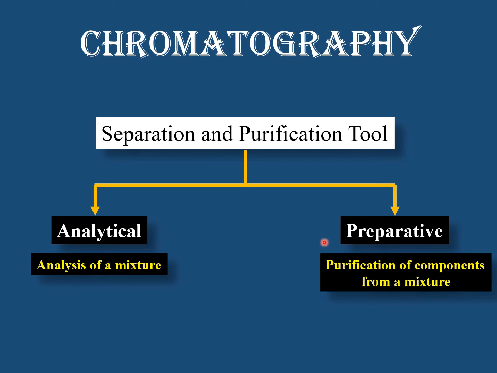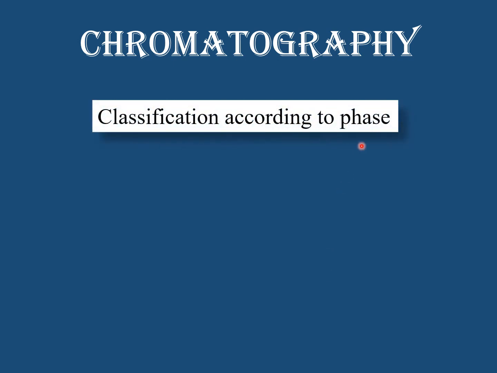And that is when you can actually obtain these components in pure form in bulk so that you can analyze them further. We can also classify chromatography depending upon the phase.